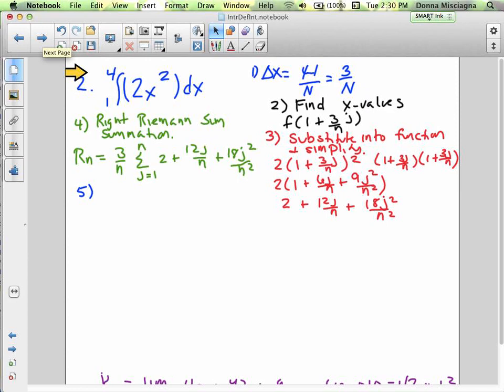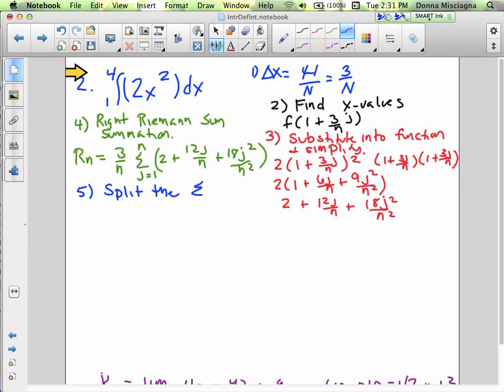All right, come on, in green. Think it's going to show up, or should I write it again? We'll just do it again. How about now? There we go. All right, so now we're going to split the sigma.